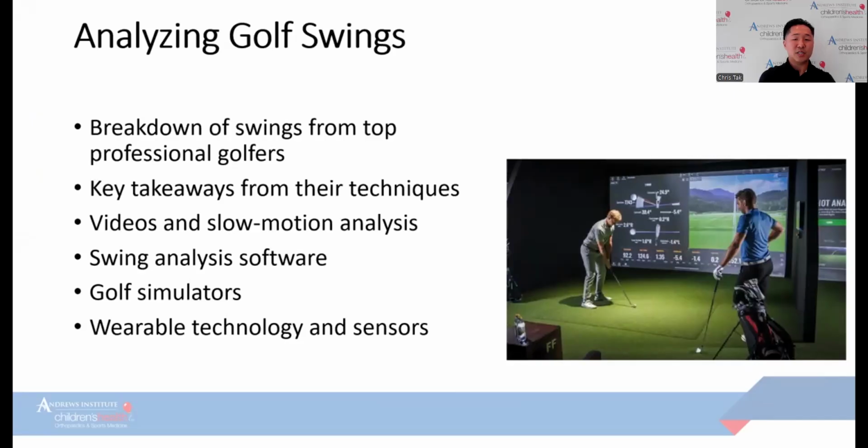So studying professional golfers can provide really valuable insight into effective swings. As we saw with Rory McIlroy's swing earlier, his swing is ideally one of the best swings in the world. And of course, you really want to recreate some of those swings to create a maximum amount of efficiency as well as consistency.